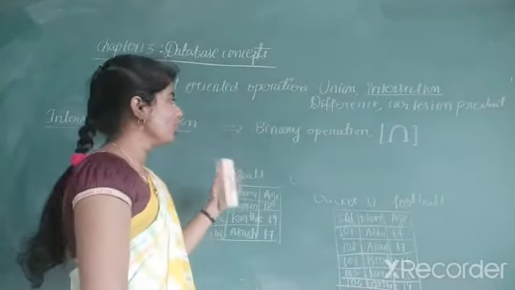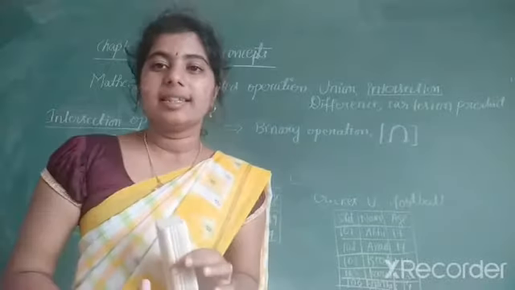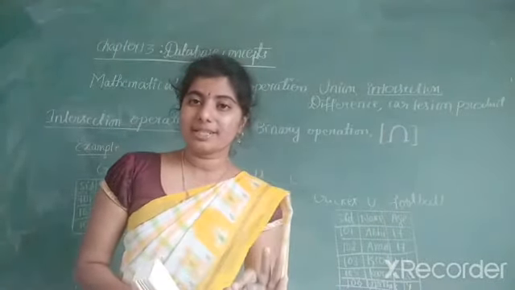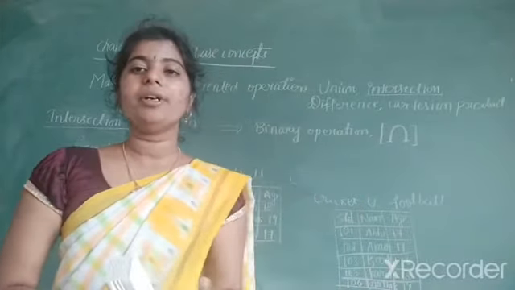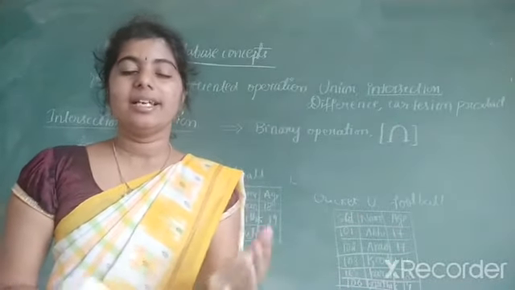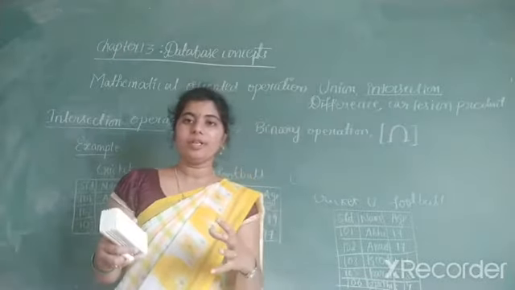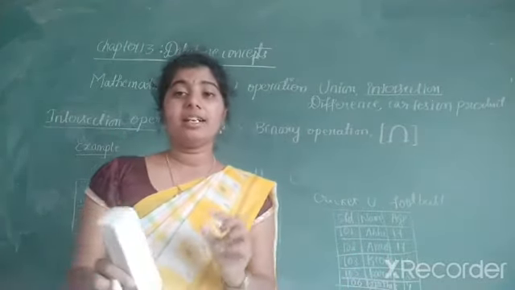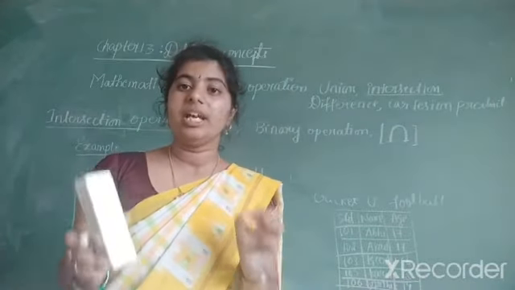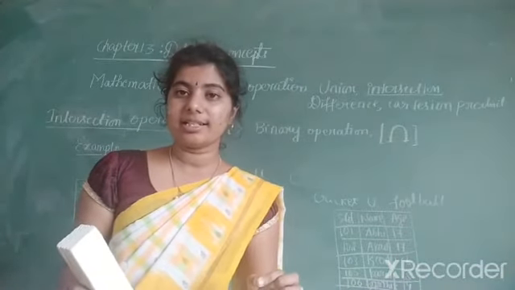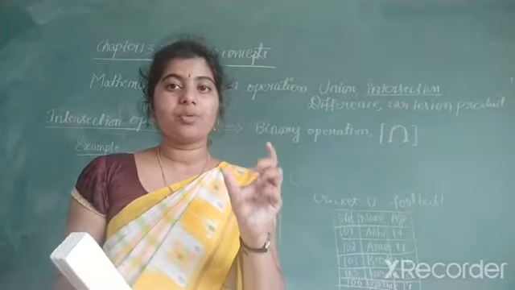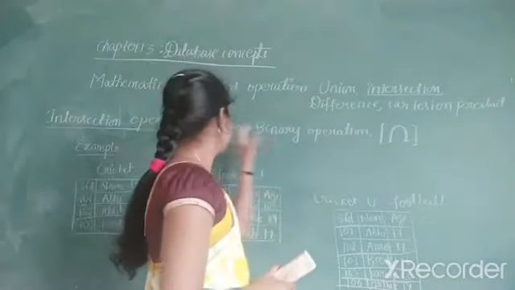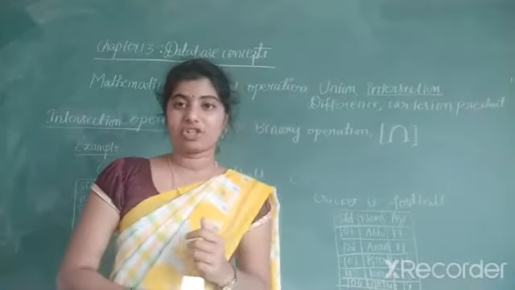And when you consider the intersection operation, this operation selects the common tuples present in relation R and relation S. It will select the common tuple which is present in both relation R and relation S. That is, when we have taken two tables, two relations, selecting the tuples that appear in both is called the intersection operation.